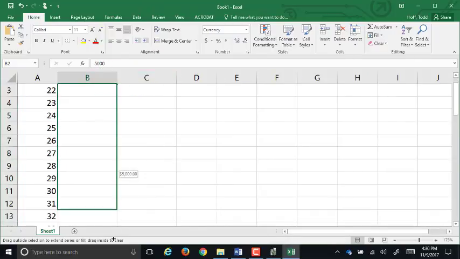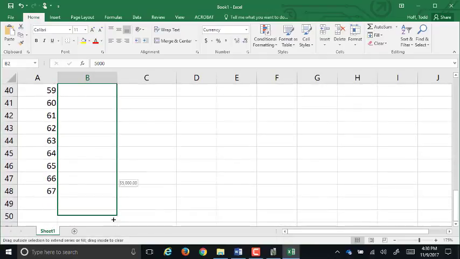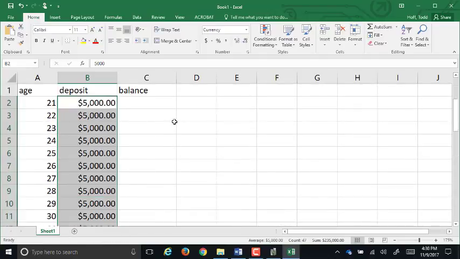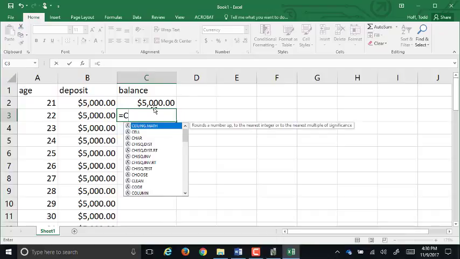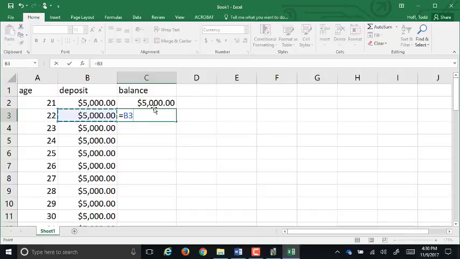We're going to deposit $5,000 a year, and we're going to assume that 10% interest again.